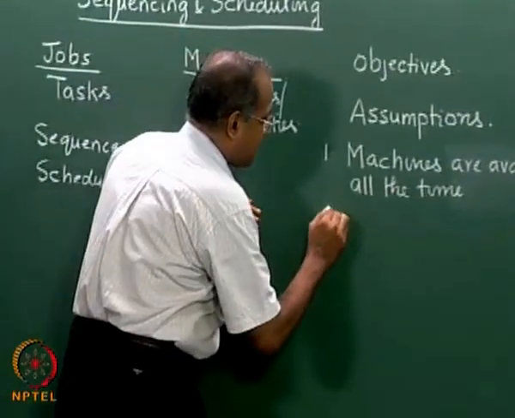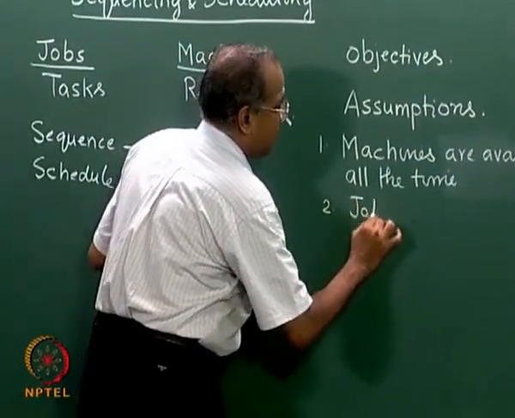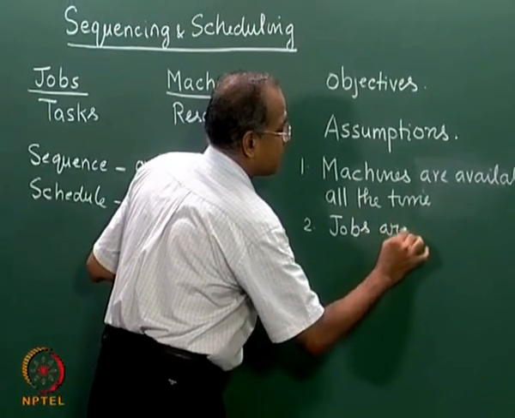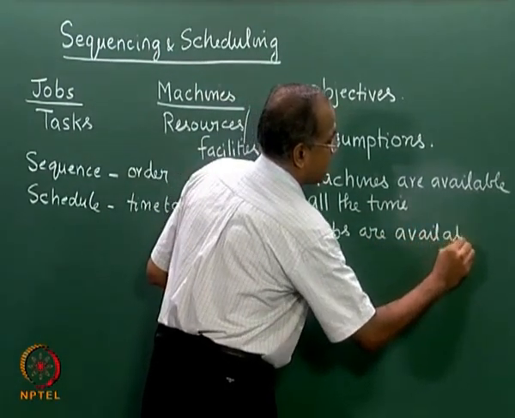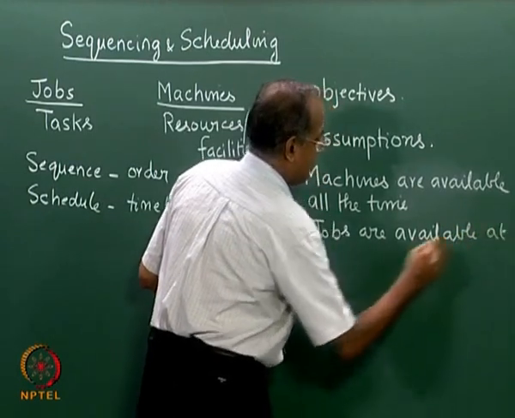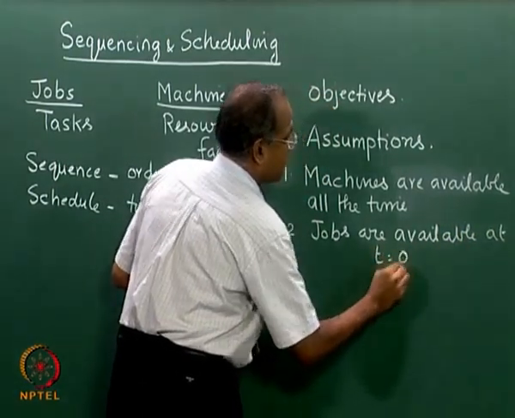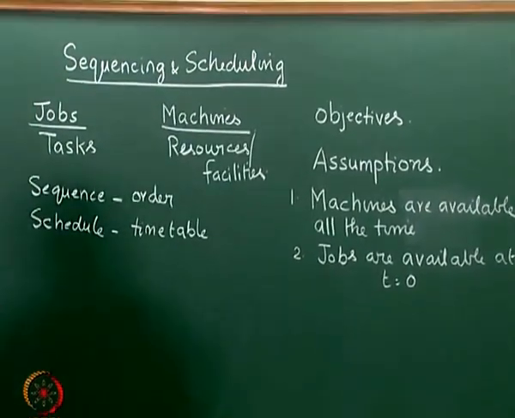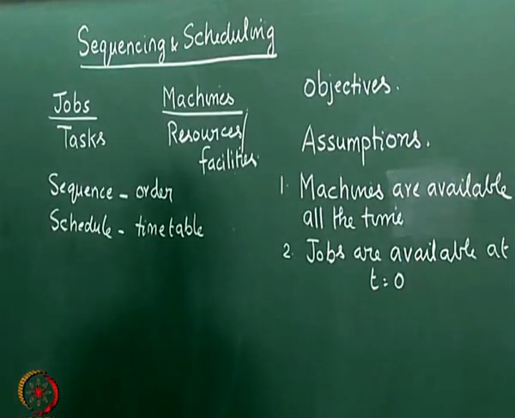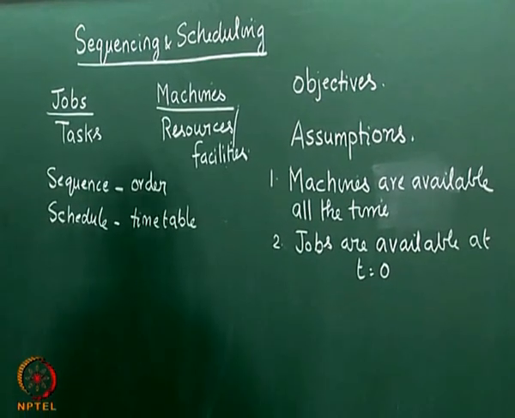The jobs are tasks that have to be performed. All the jobs that have to be performed are available at the start of the scheduling period and are continuously available.